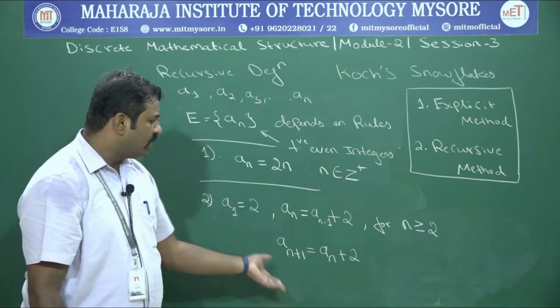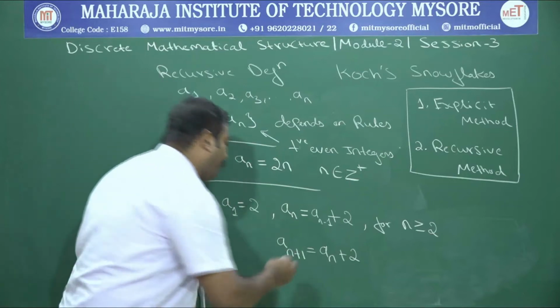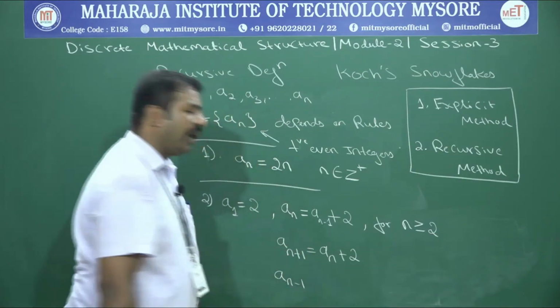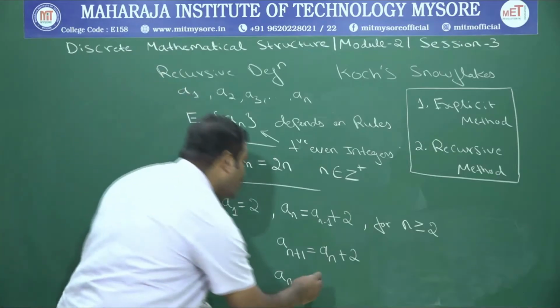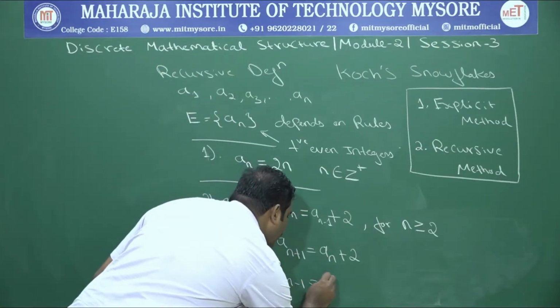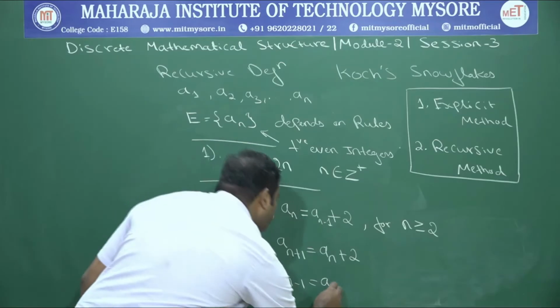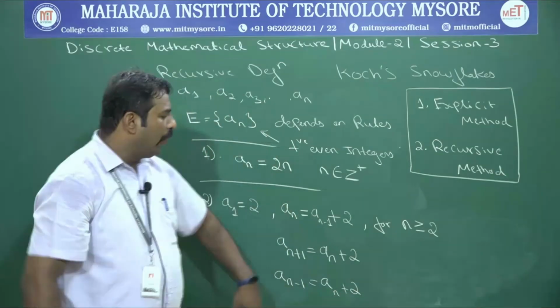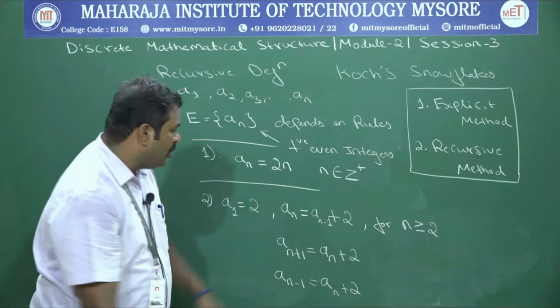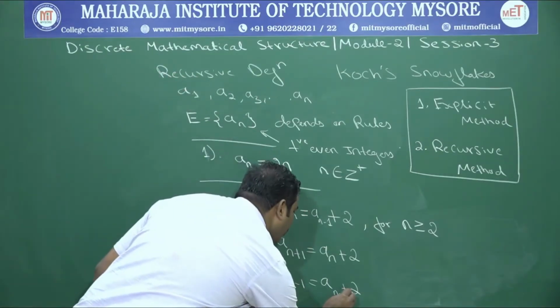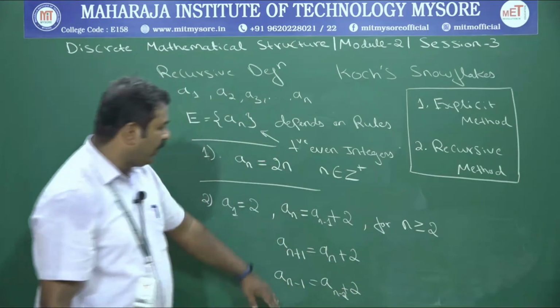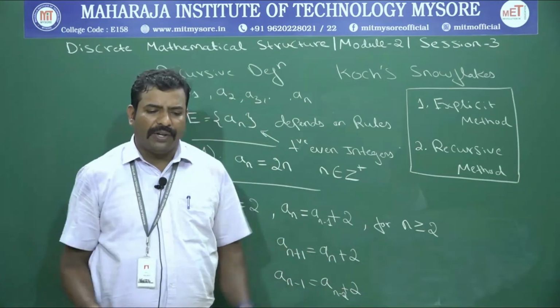Or else, if I want to compute the previous element, that is n minus 1, so this will be equivalent to n plus 2. Now this is how you're going to put the forms. It's supposed to be n minus 2. Fine. So this is how exactly you're going to decide.